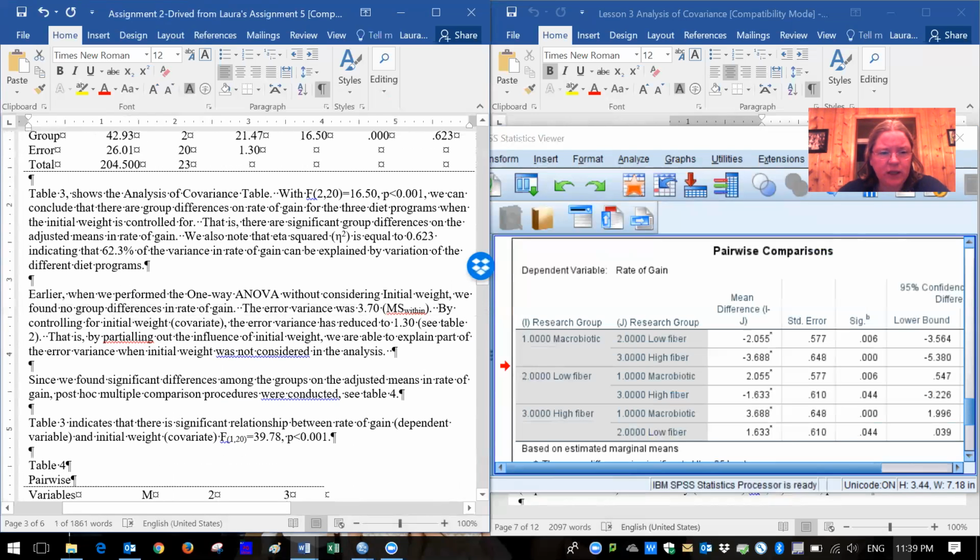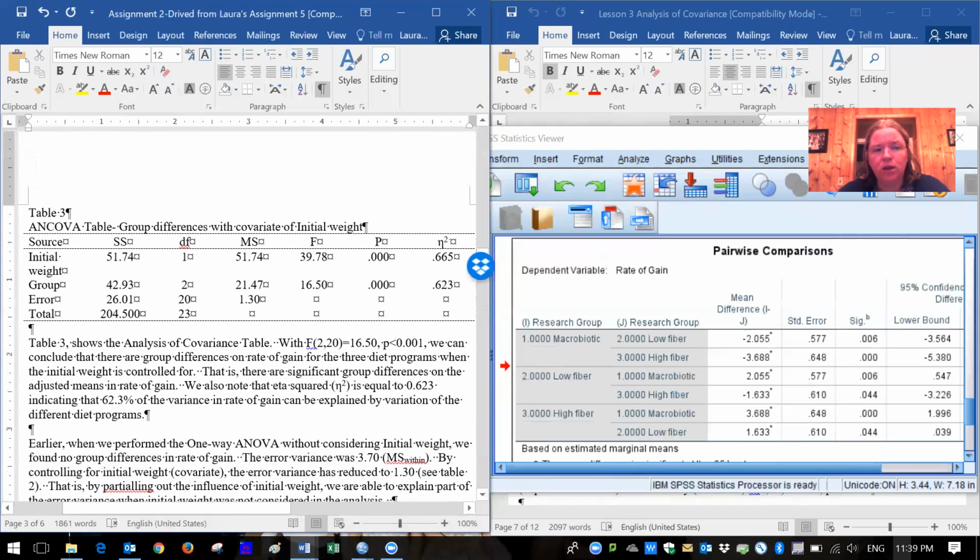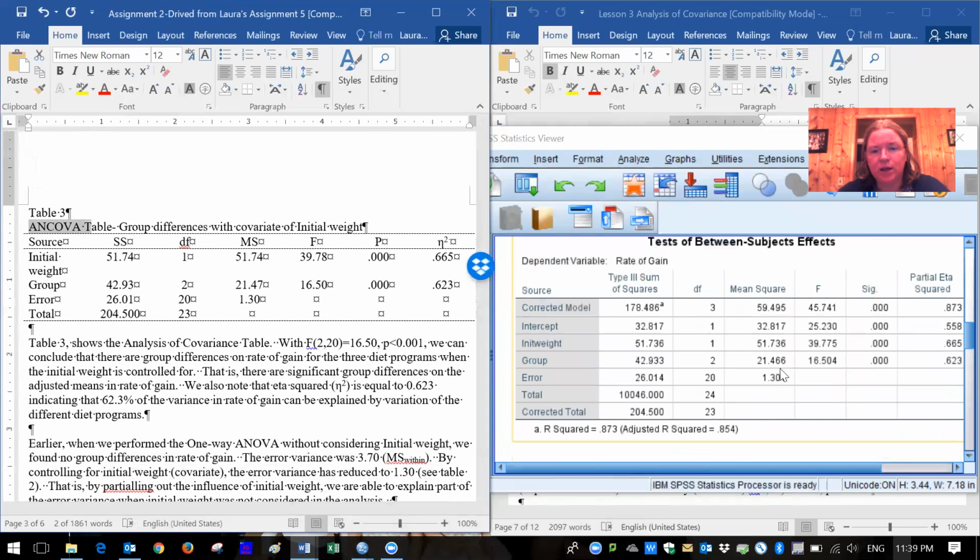Now, this stuff in here, I don't think it's really necessary, but you can decide for yourselves if you want to put it in there. But overall, the ANCOVA table was this test of between subjects, initial weight, group, error, and corrected total.